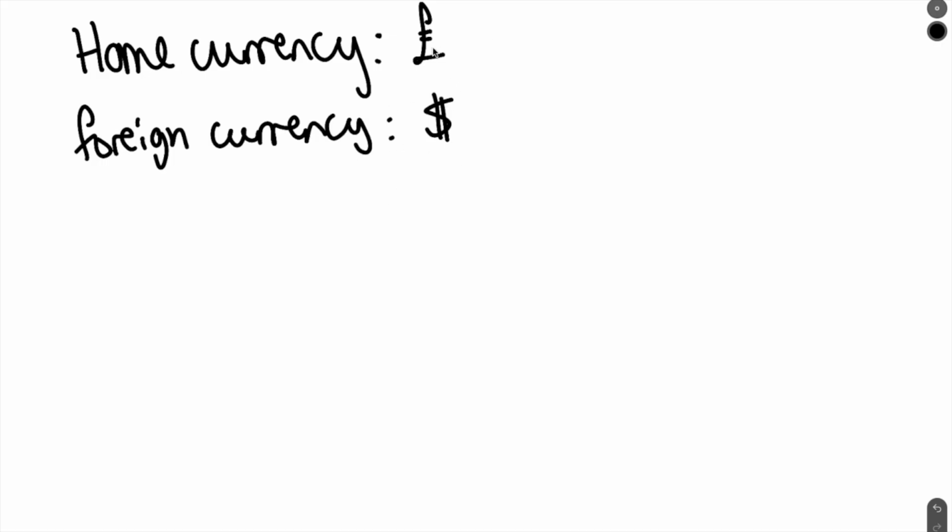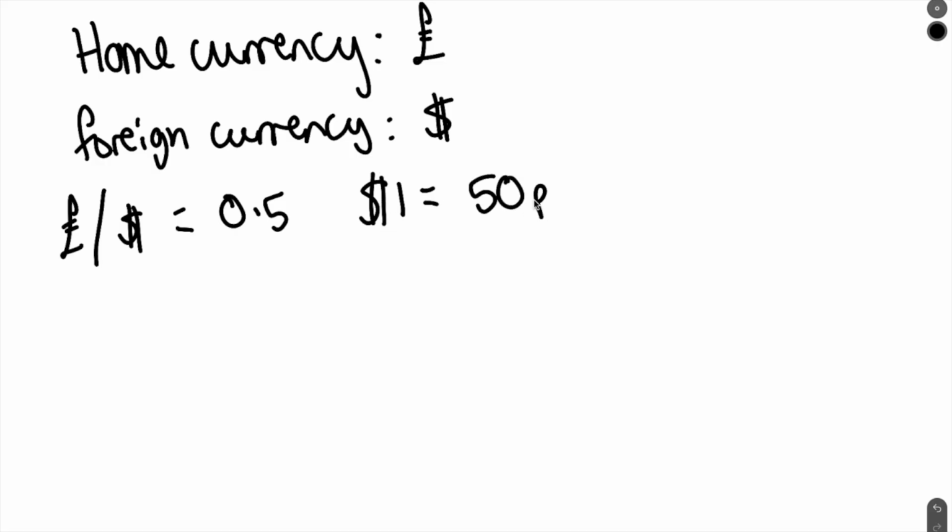there's a couple of different ways I could express this as an exchange rate. I could do pounds per dollar. So let's say that was, let's keep it simple, 0.5. What that says is $1 equals 50p, okay?